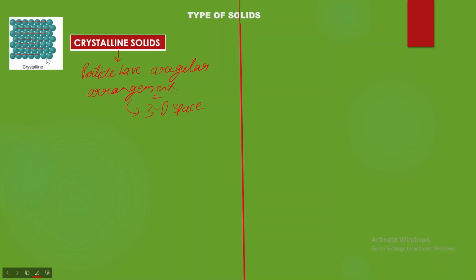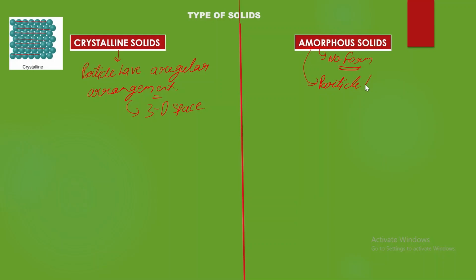Similarly, amorphous solids. Amorphous is a Greek word and it means no form. Amorphous solids are the solids in which particles do not have a regular arrangement.